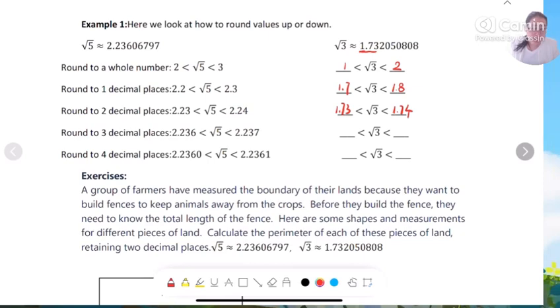Round to 3 decimal places, the square root of 3 is between 1.732 and 1.733. Round to 4 decimal places, the square root of 3 is between 1.7320 and 1.7321.